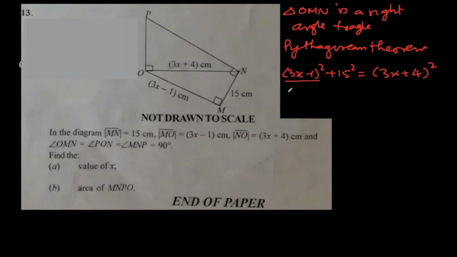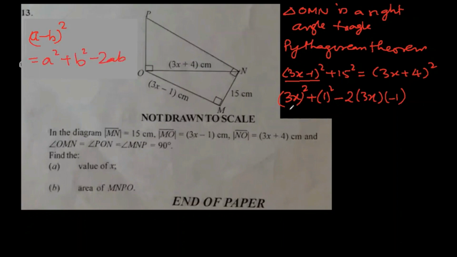If I expand this first, it will be square of 3x plus square of 1 and minus 2 times 3x times 1. How do I know this? This is the identity I'm using. A minus b whole square is always a square plus b square minus 2ab.